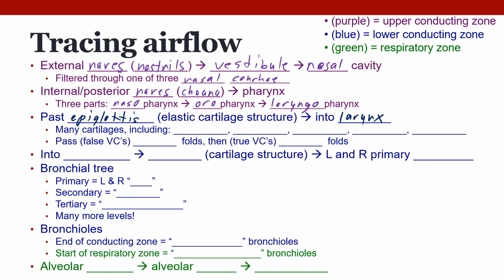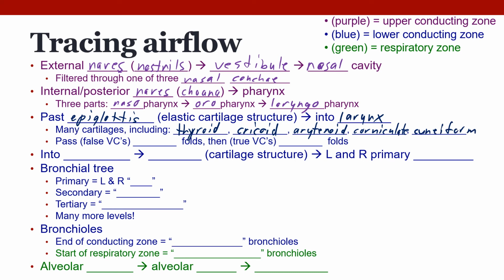Here there are many cartilages, including the thyroid, cricoid, arytenoid, corniculate, and cuneiform.